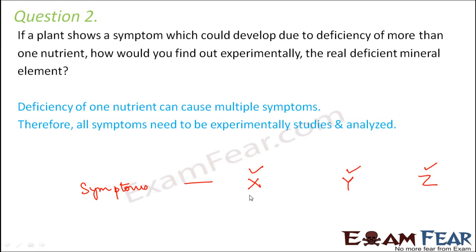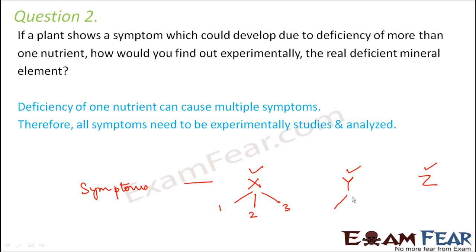Now, by our knowledge on the minerals, we know that this X symptom can be caused by 1, 2 and 3 minerals. This 1 can be sodium, 2 can be phosphorus, 3 can be nitrogen. I am not writing names of elements, I am just using numbers for better understanding.